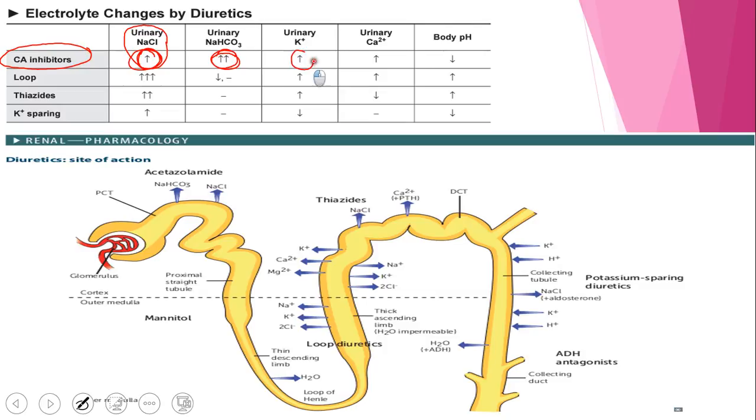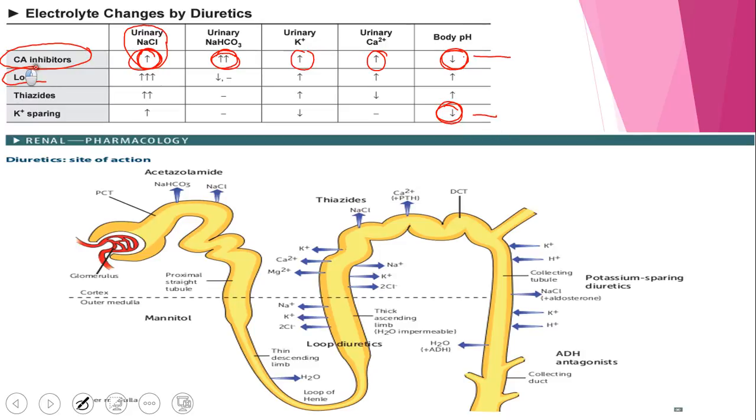It's going to have a little bit of an increase in potassium in your urine, and a little bit of an increase in calcium in your urine, and overall it's going to decrease your body's pH. There's only one other one that decreases your body pH, and that is your potassium sparing. So both your potassium sparing and your carbonic anhydrase inhibitors are going to be decreasing your body pH, which means making your blood more acidic.